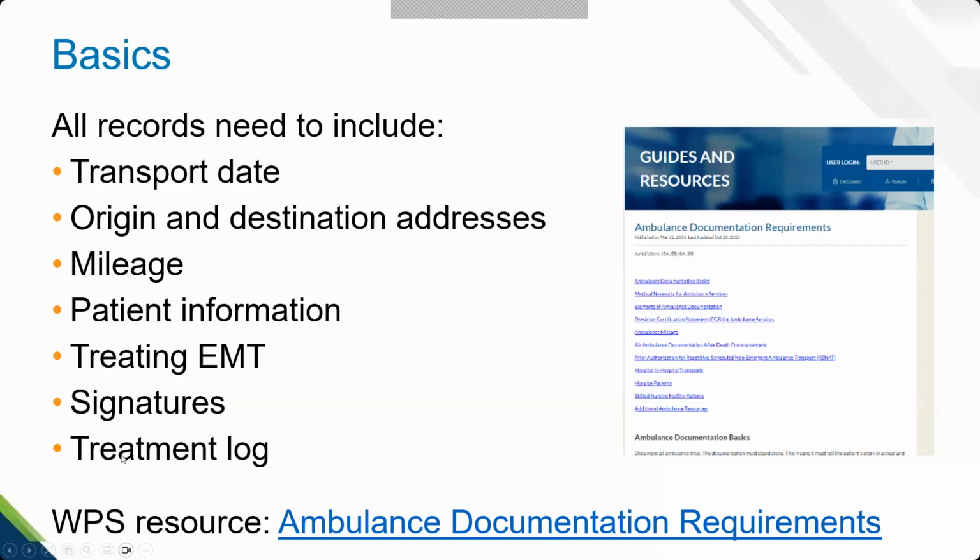Then we're going to hit that treatment log, and this is just the information about the transport. A lot of people will call this your run sheet. That's fine. Call it whatever you want. But without those basic pieces, we will automatically stop and not even consider medical necessity. We will not even go any further. And every single one of these will be considered a contractual obligation.